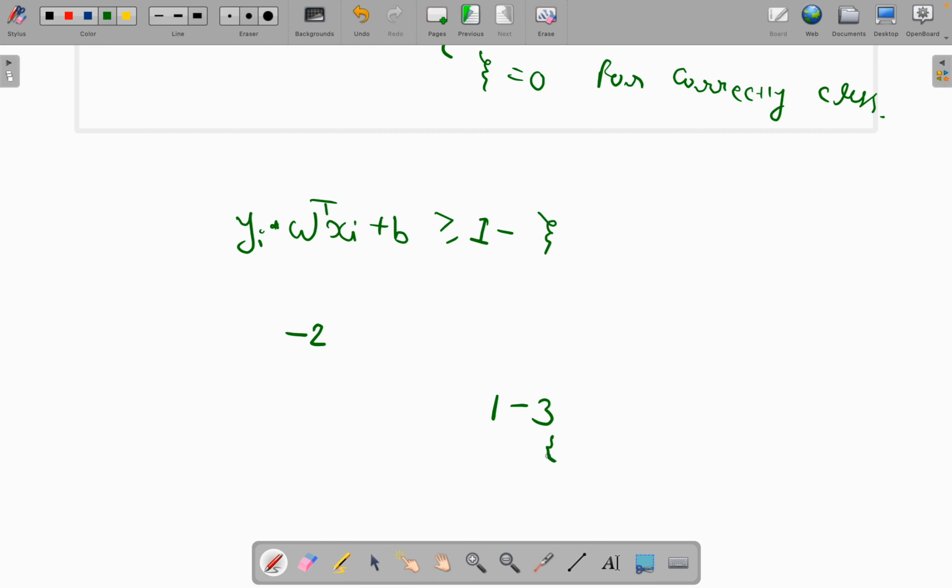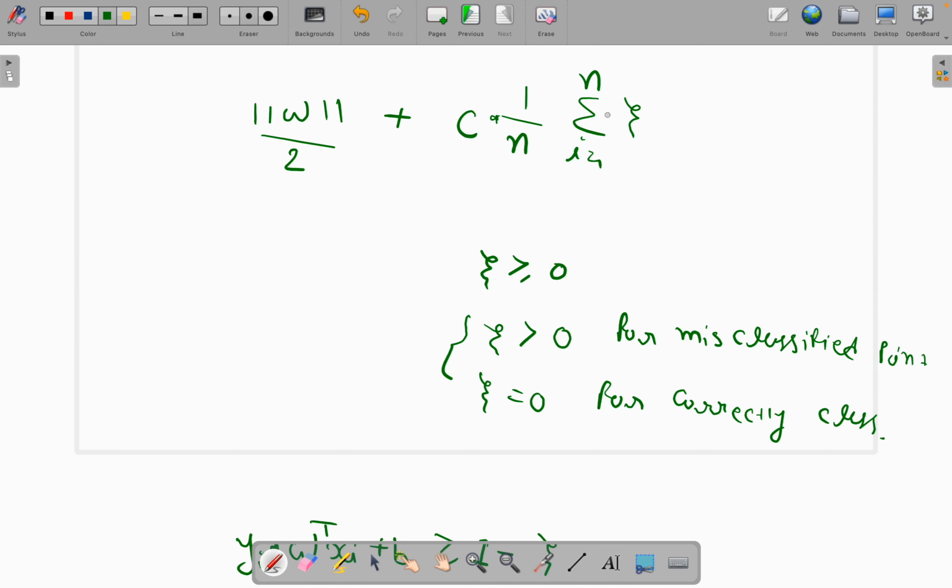So this will be our loss, or let's say error. This 3 is the error because we want 1 but we receive minus 2, so there is a 3 error in any unit. This is eta.